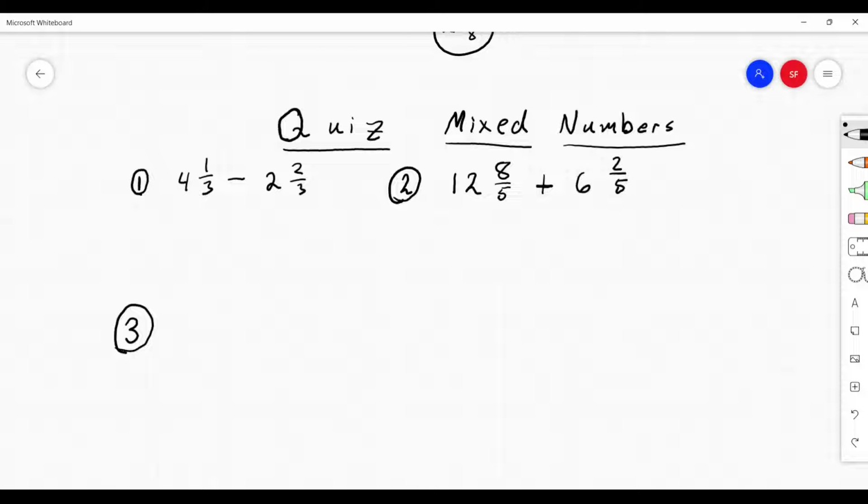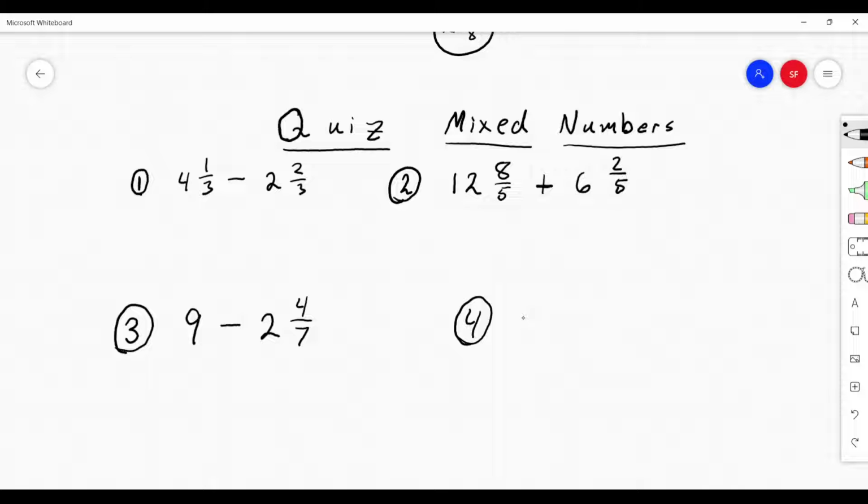It's true facts. We're going to do 9 minus 2 and 4/7. And then finally, number 4. There's going to be 4 problems. Quizzes are usually short.